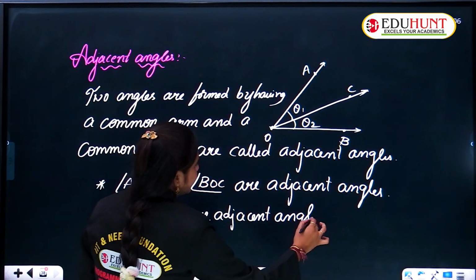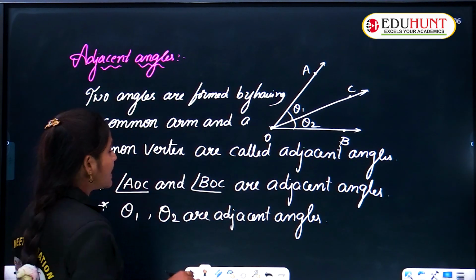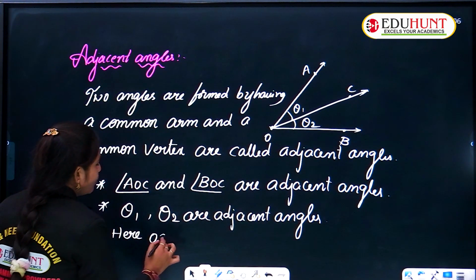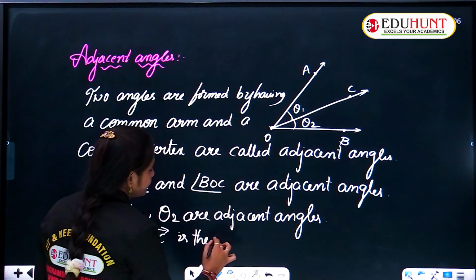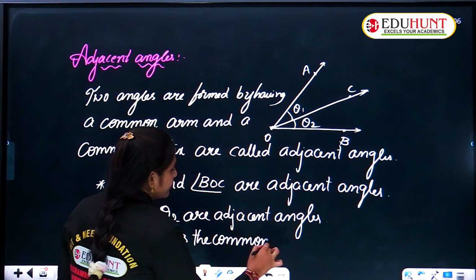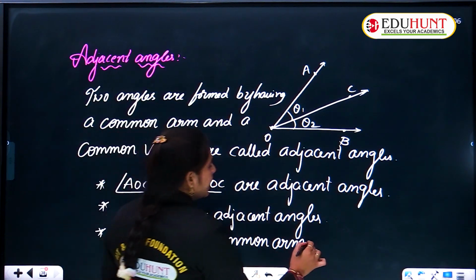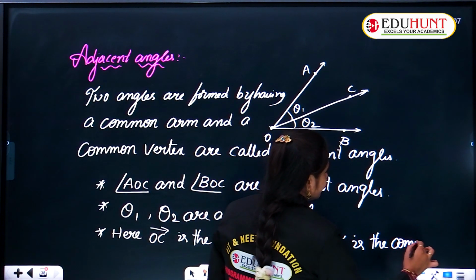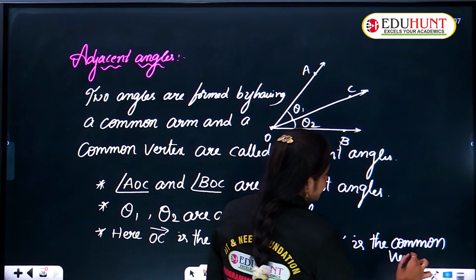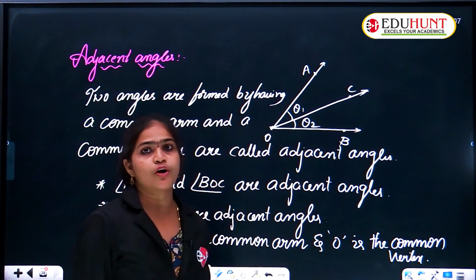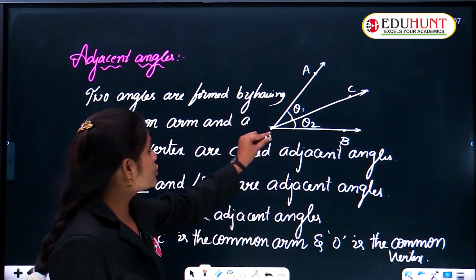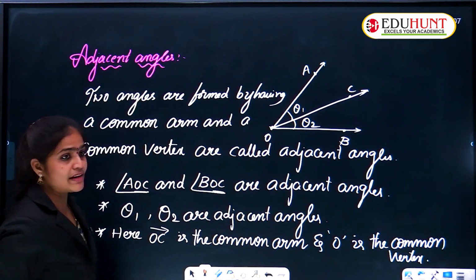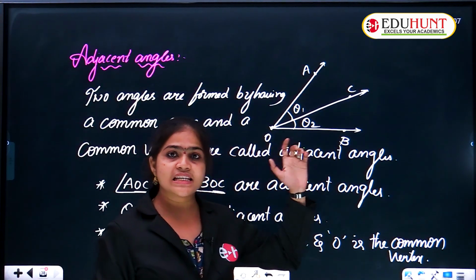In the same way, here OC is the common arm, and O is the common vertex. Yes or no? Theta 1 and theta 2 are also formed at the same vertex O, and those two angles also have the common arm OC. Here OC is there, here also OC is there, so OC is the common arm.